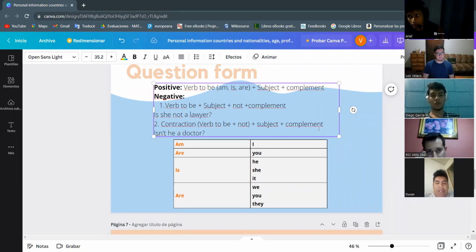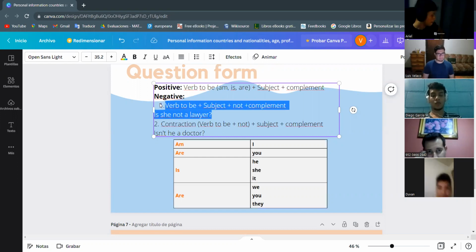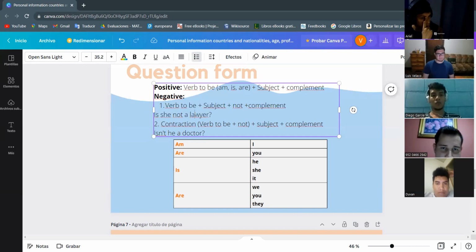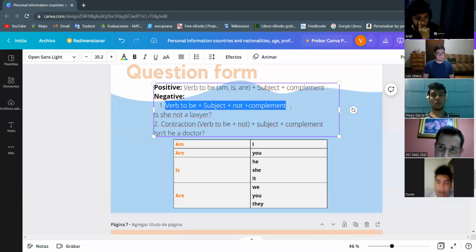Let's see. Duvan, if you want to use this way, and you want to know if the person is a student, following the structure, how would you ask that? Whatever subject you want to use. Is he a student?